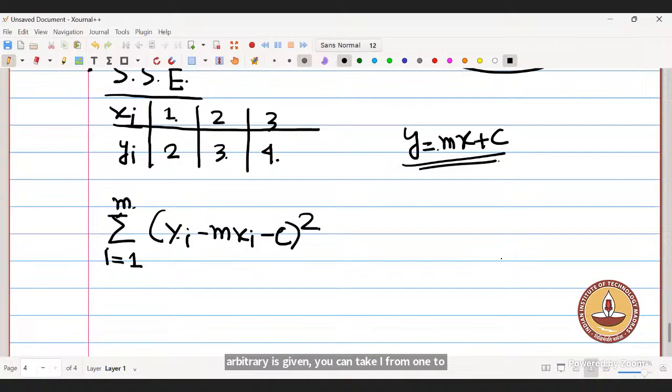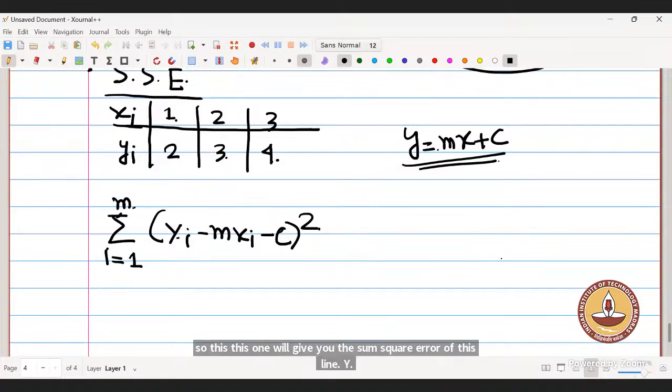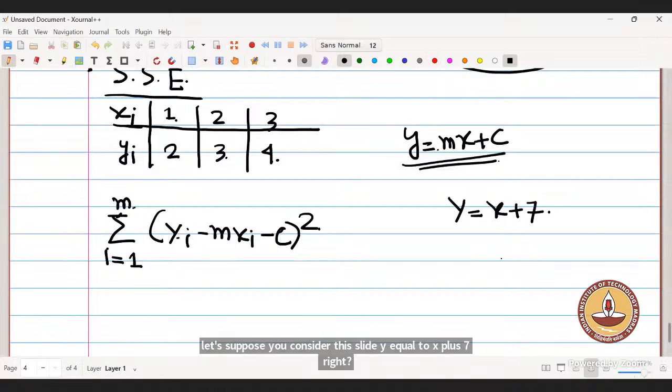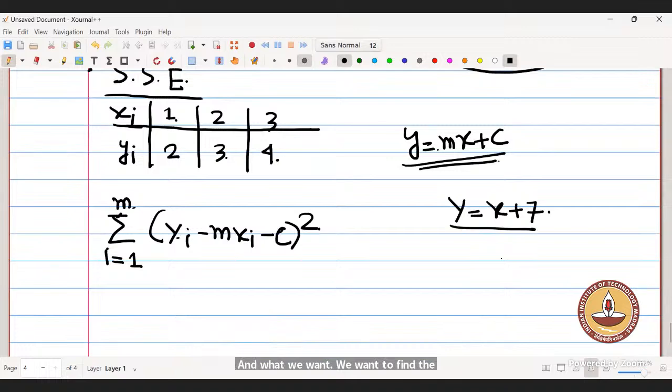So this one will give you the sum square error of this line y equal to mx plus c with respect to this data. So let's suppose you consider this line y equal to x plus 7, right? And we want to find the sum square error of this line with respect to this given data, right?